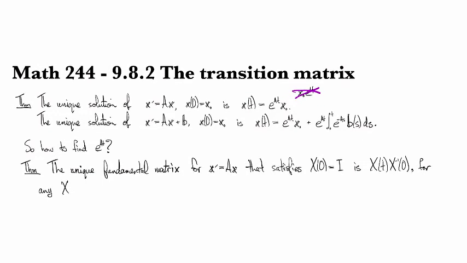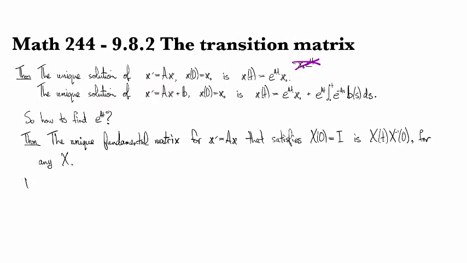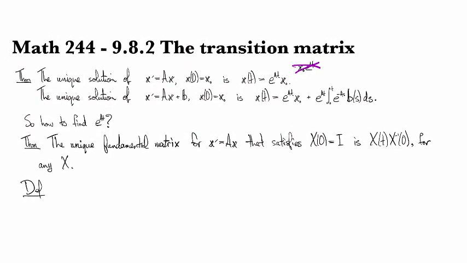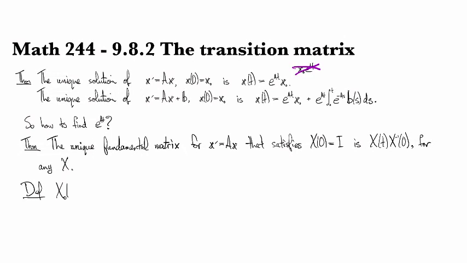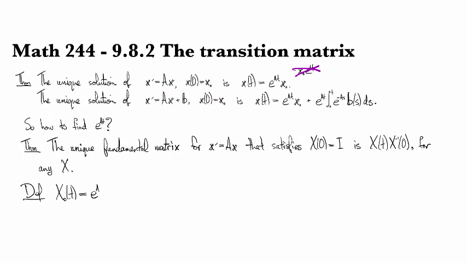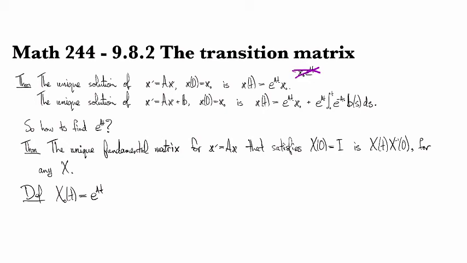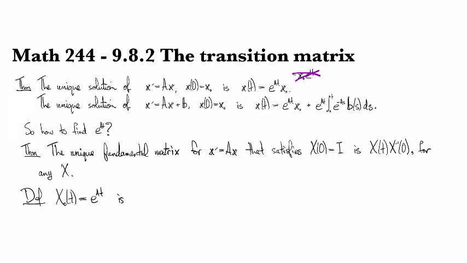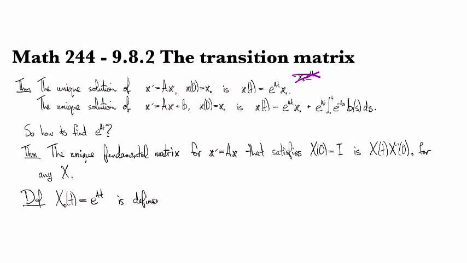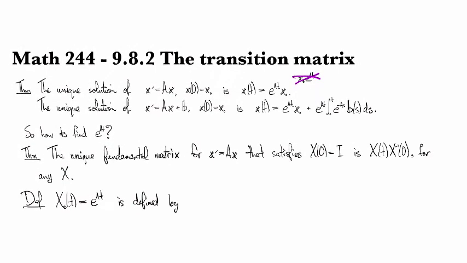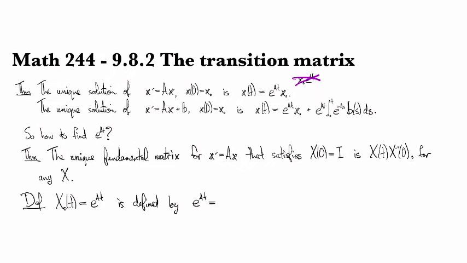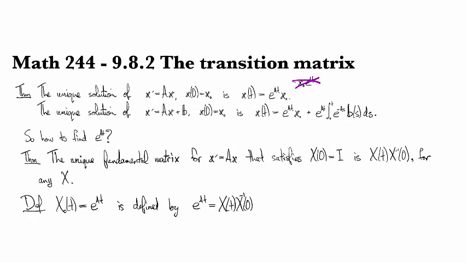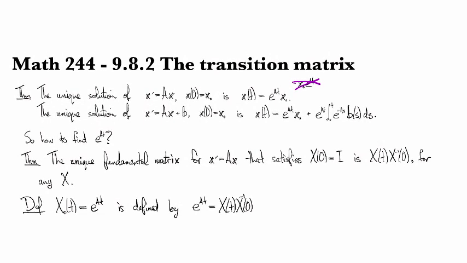And so with that in mind, we have what we call the transition matrix, so this matrix exponential can be defined by this formula.